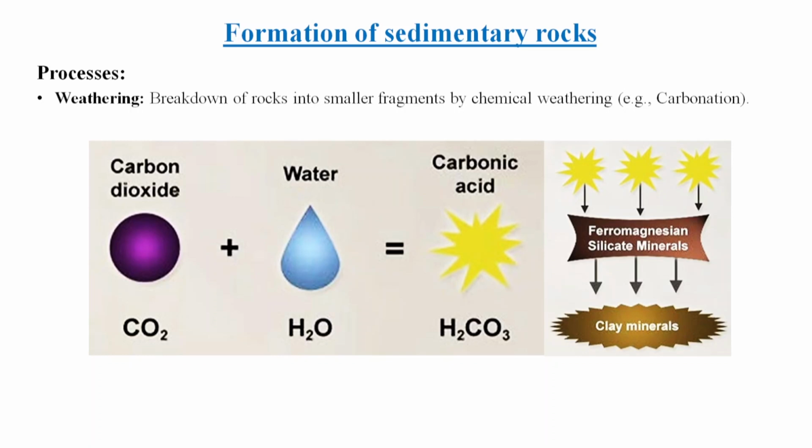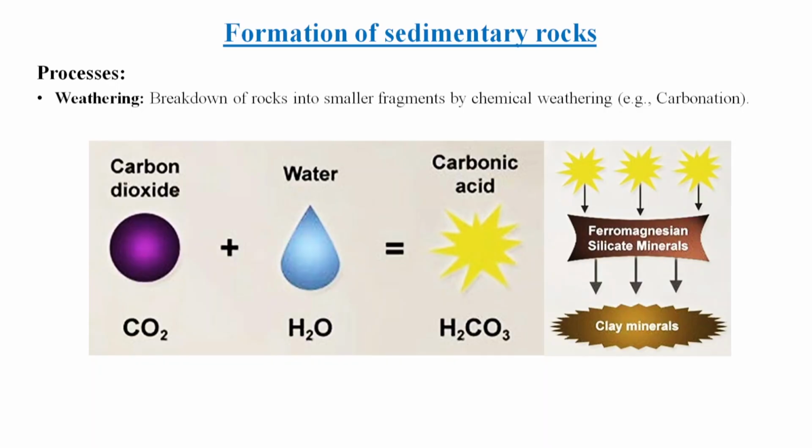Also you might have heard about acid rain, but in the case of acid rain, the carbonic acid is not as much as we are talking about for chemical weathering. In acid rain there is some amount of carbon dioxide present along with the water, and that also forms some carbonic acid, but it is below 5% in most acid rain occurrences till now.